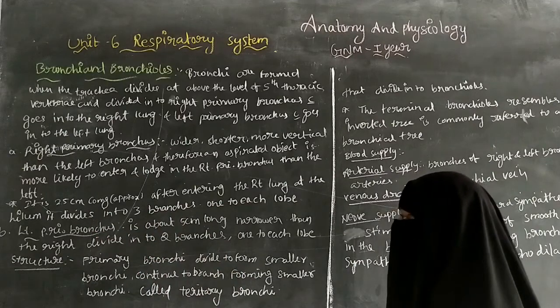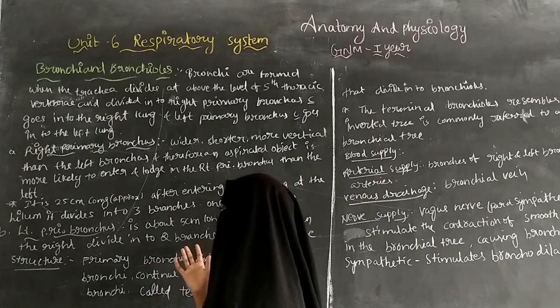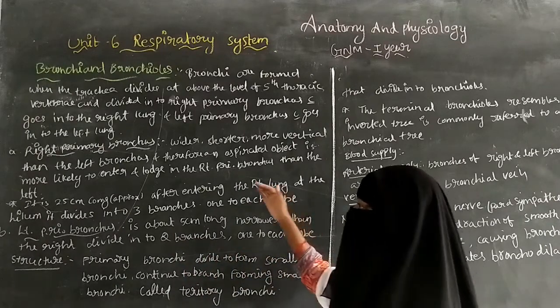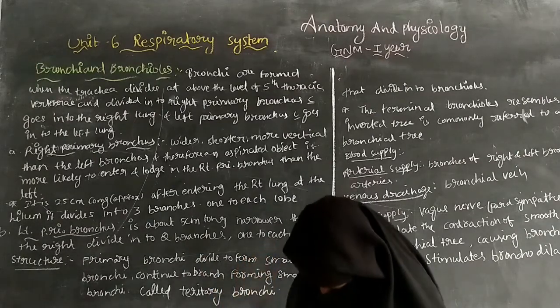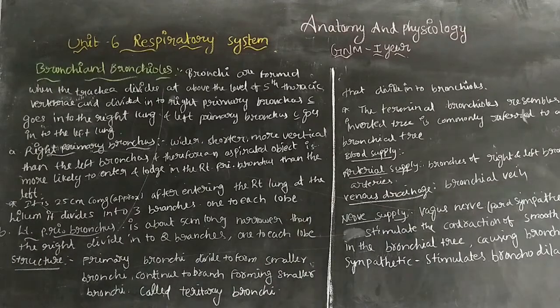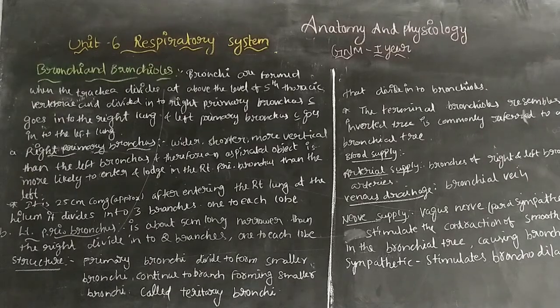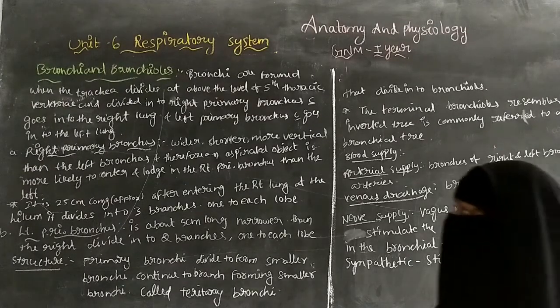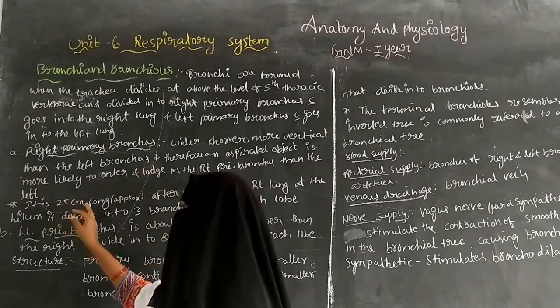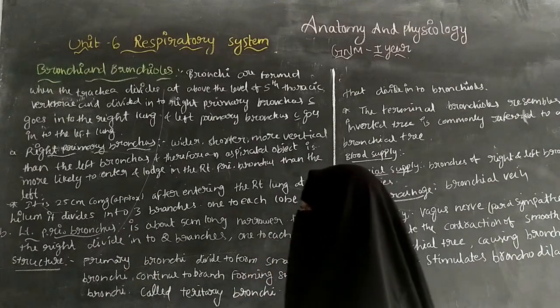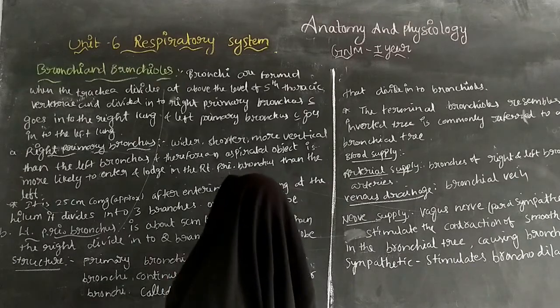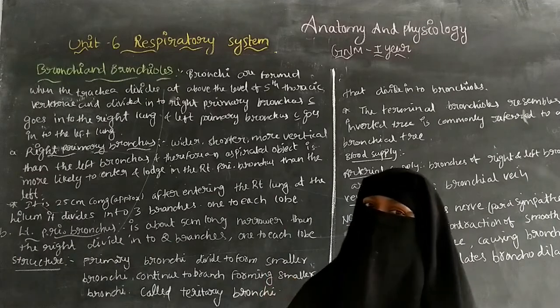After entering the right lung at the hilum, it divides into 3 branches, one to each lobe. So the right lung consists of 3 lobes.